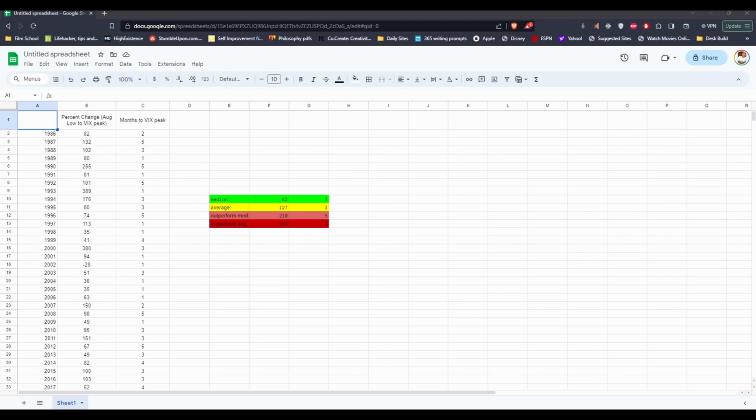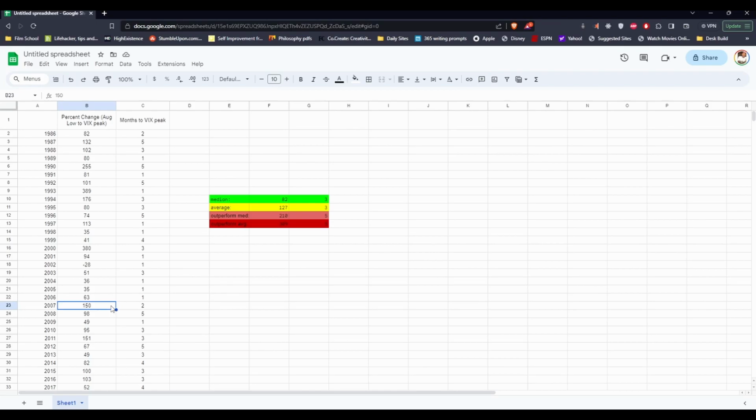So as you can see on this spreadsheet, it goes all the way back to 86, and it shows you the percentage from the August low to the VIX peak and the number of months it took to get to that peak. So you can see in 86, it was about 2 months, about an 82% change from the low to the high.